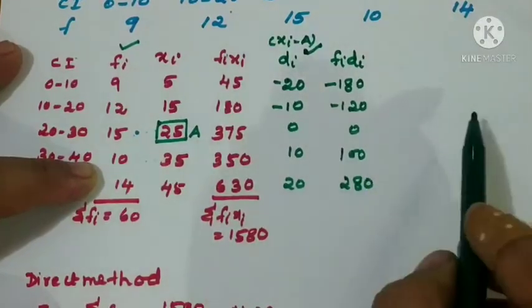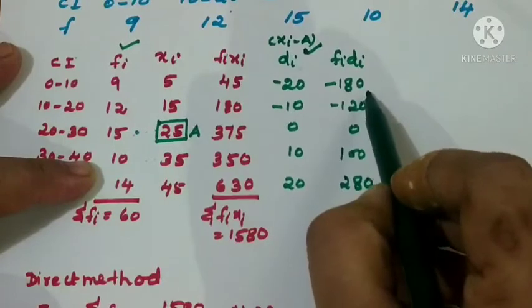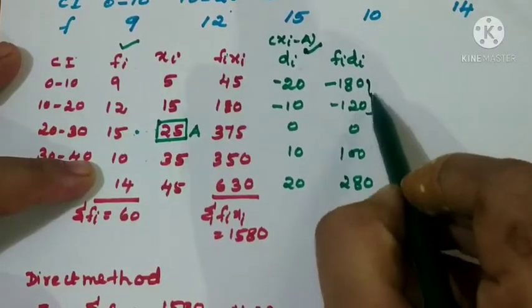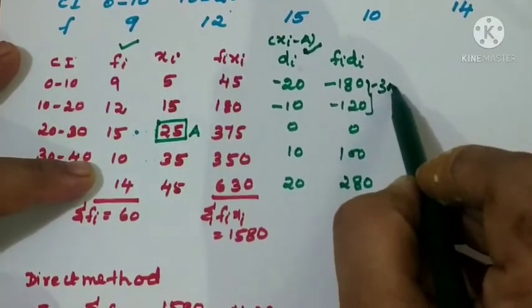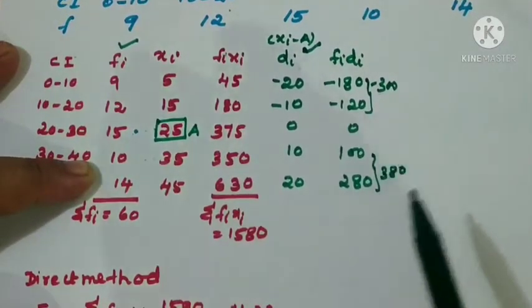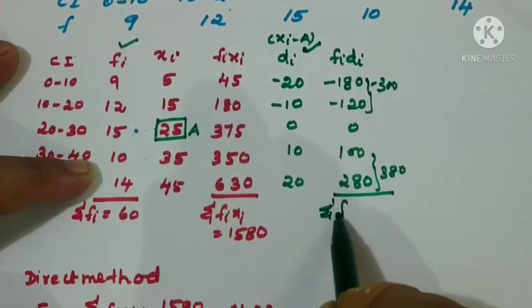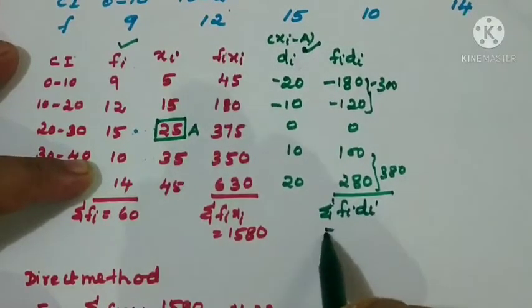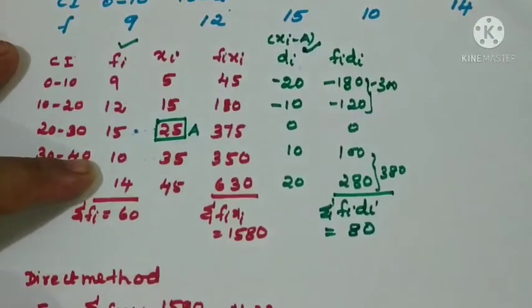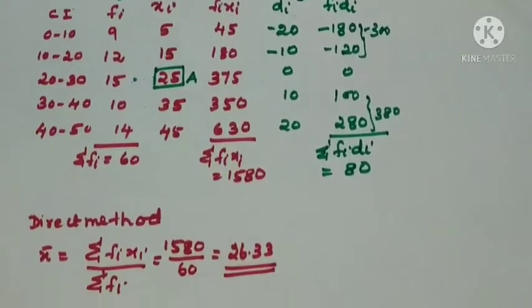Here I am doing all three methods, so I am adjusting the space a little. This is minus 300, and this is 380. So sigma fi di is equal to plus 80. So finally we are done.